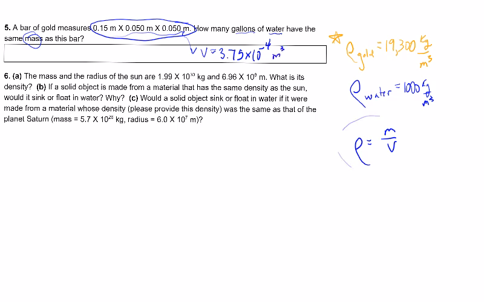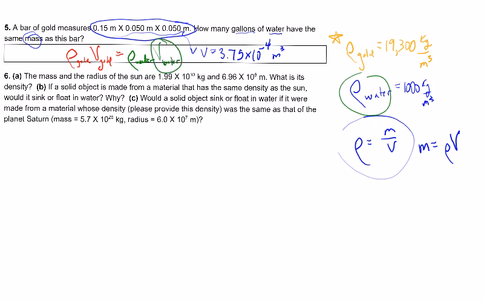Now, borrowing this equation down here, we know that mass equals density multiplied by volume. We want the number of gallons of water to have the same mass as this bar. So the density of our gold times this volume of gold should equal, and I'm going to change the color here, the density of water, which we just wrote over here, times the volume of water.